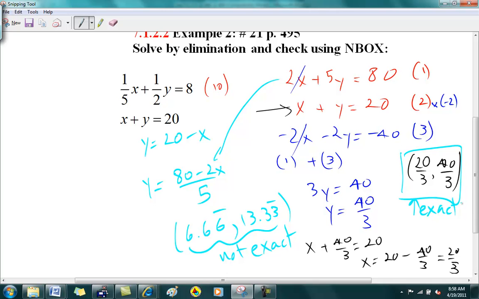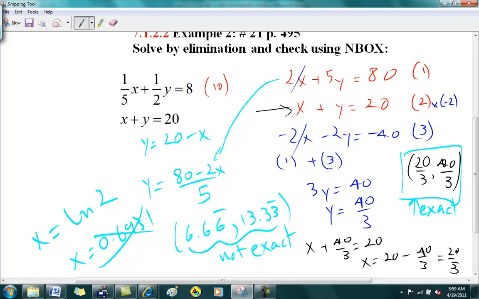Exact answers are either fractions or rational numbers, radicals like square root of 2, the symbol e standing for 2.718 whatever, the symbol pi, or it could even be an expression. For example, x equals ln 2 is an exact answer to some equation, as opposed to x equals 0.6931. That's not exact. So again, I'm now on record as having explained to you what exact means.